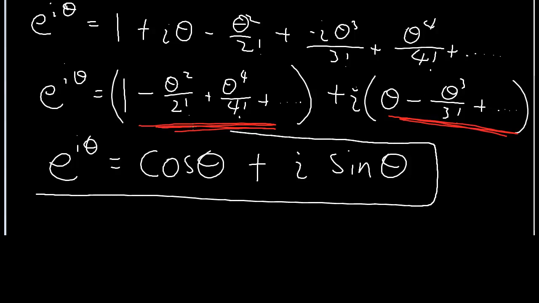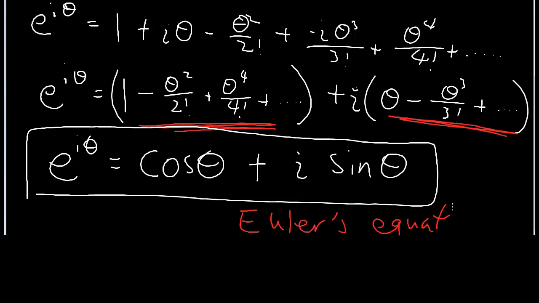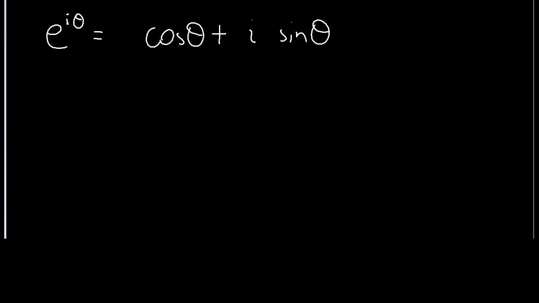And this lovely statement is what we call Euler's equation. It relates a complex exponential, over here, with a much more familiar real part and imaginary part form. So looking at Euler's formula or equation, we can see why I chose to put the power as a theta, because in fact we're working with cosine and sine.